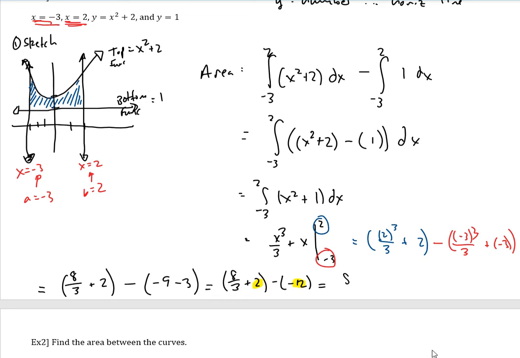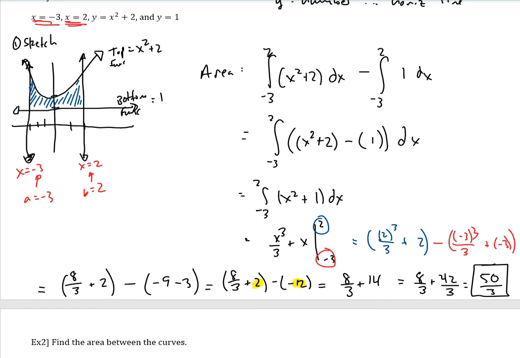So we have 8/3 plus 14. And then at this point, just to get a common denominator, we would have 8/3 plus 42/3. And then we can finally add it to get 50/3.